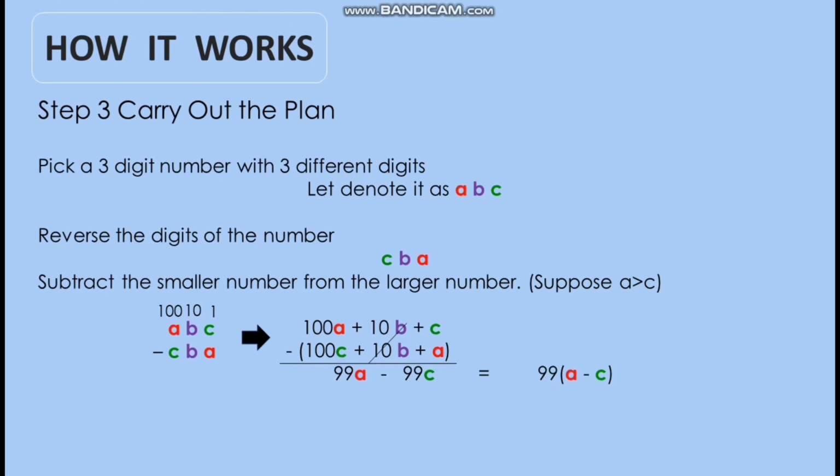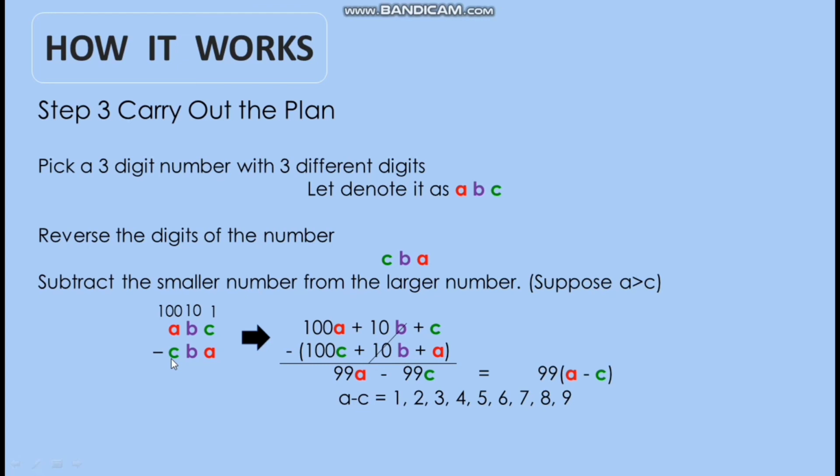Then, after that, we need to know the possible values of A minus C. So, since A is larger than C, yung possible value lang ng A minus C natin is 1 through 9. So, hindi naman na siya pwedeng magkaroon ng value na greater than 9. Kasi, for instance, if yung A natin is 9, then yung C natin is 0, 9 minus 0 is 9.